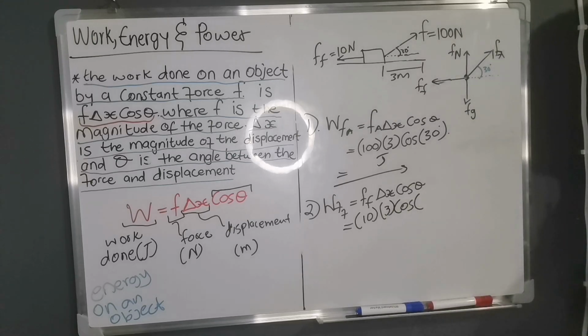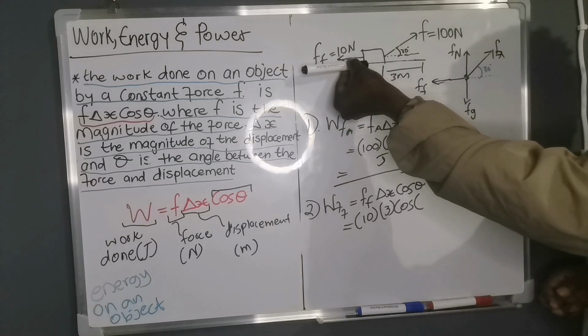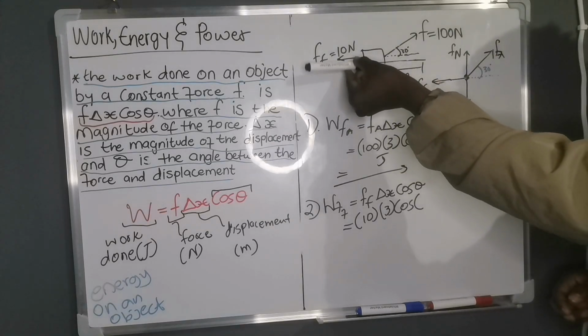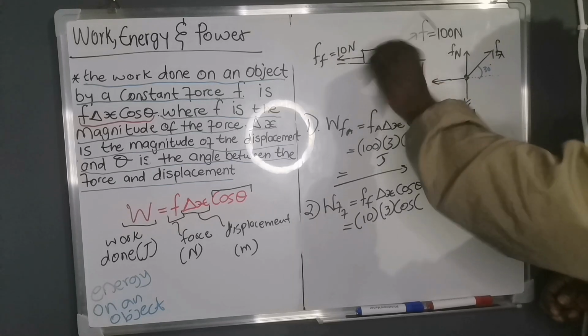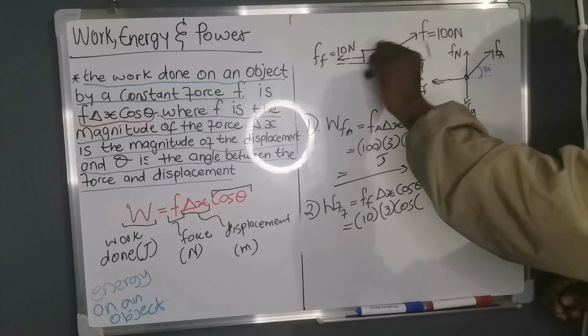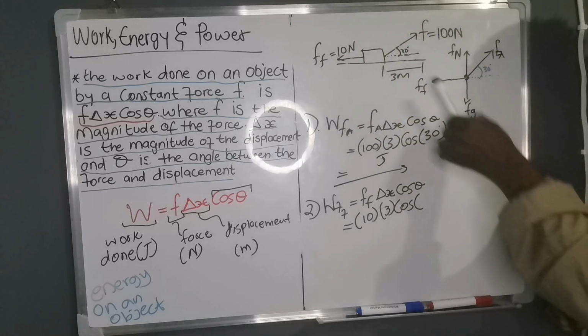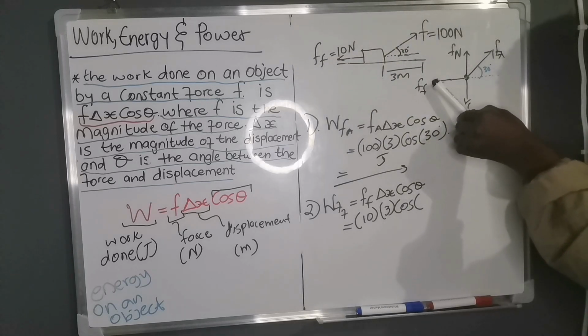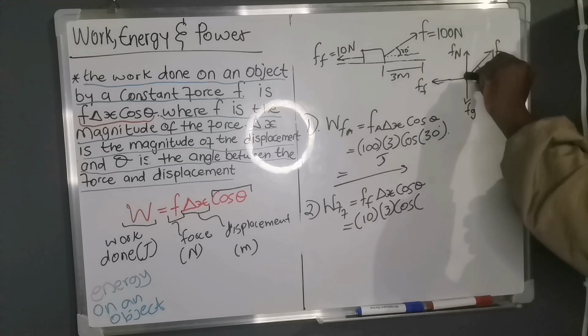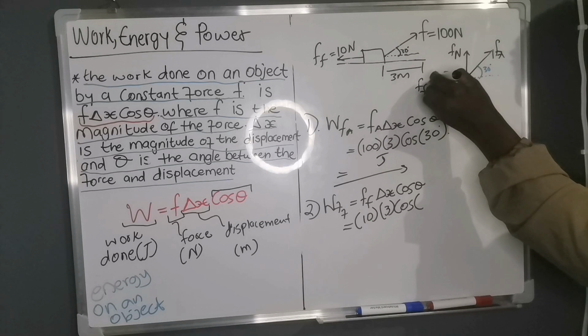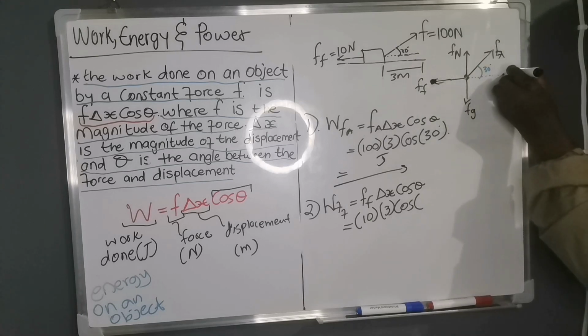Now let us find the value of theta. Remember, theta is the angle between the force and our displacement. So where's my force? On my left. Where's my displacement? On my right. What's the angle between my frictional force and my displacement? It starts measuring from this point to this point.